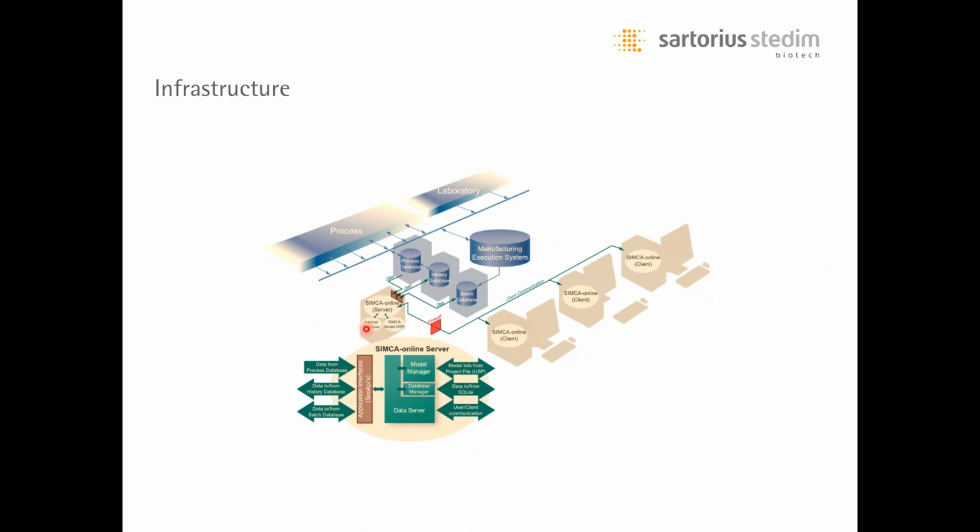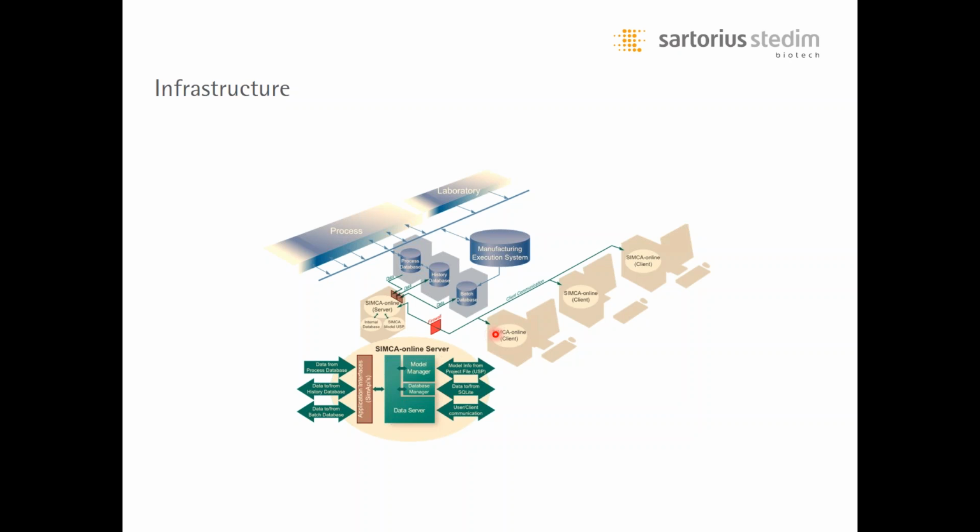The Simca Online server also has uploaded within it a USP file built in Simca, which is then used to compare the current values that are coming from the process as a projection onto the Simca model, and then the results are delivered to a number of Simca Online clients which have been installed at various locations throughout the company.